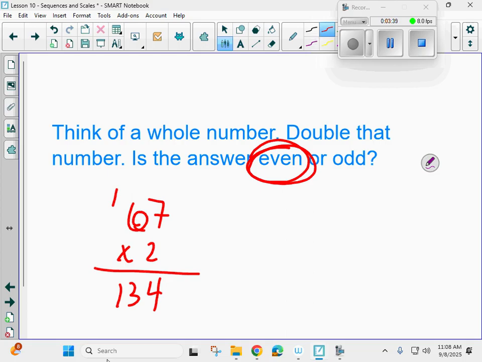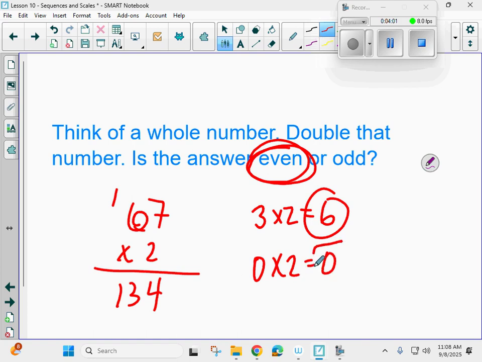Let's say you picked the number 3 and you double it, meaning you times by 2, you get 6. So even though you started with an odd, you now have an even because you multiplied by 2. Don't pick 0. They should have said a counting number. 0 is even though, so even if you doubled 0, it's even.